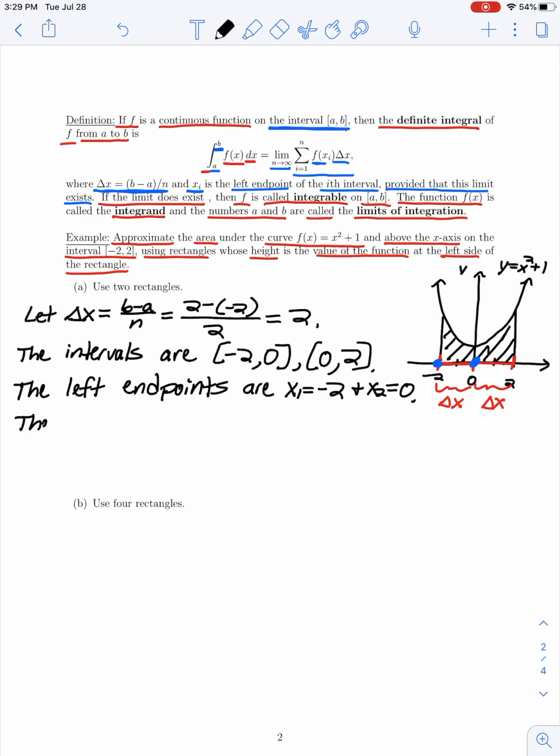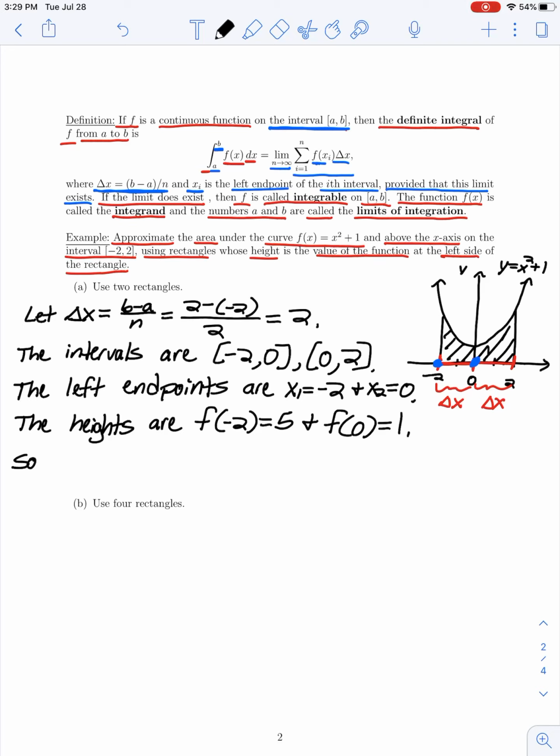So that means that the heights of these rectangles are the values of the function at these endpoints, that is f of -2. So substituting -2 in the function x squared plus 1, we would have -2 squared, which is 4, plus 1 gives us 5. And f of x2, which was 0, substituting into x squared plus 1, we have 1.